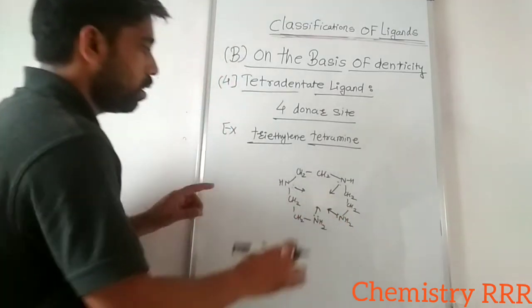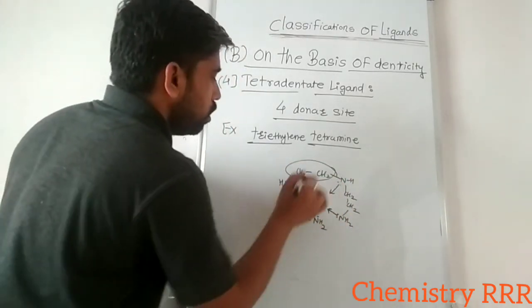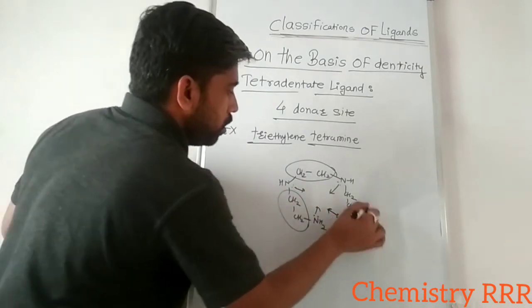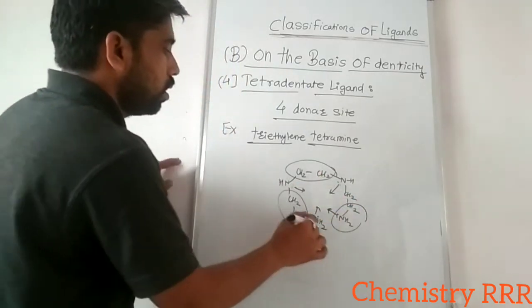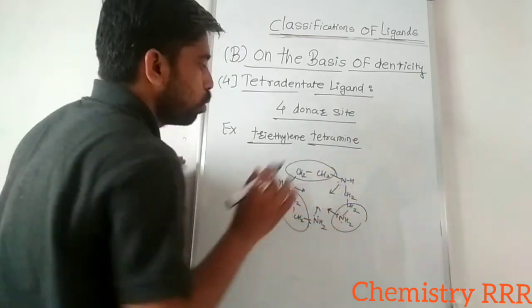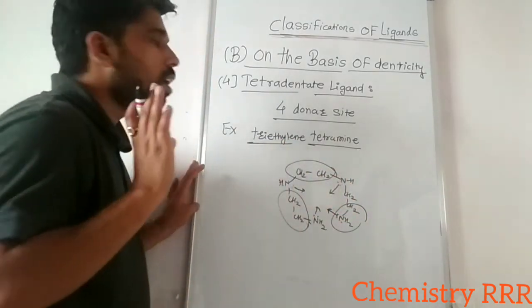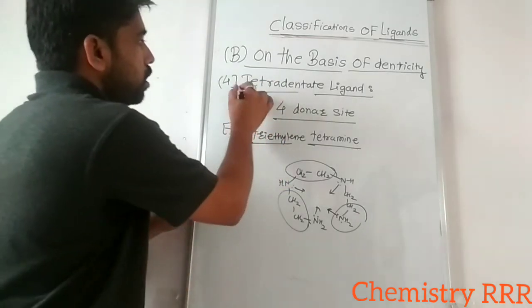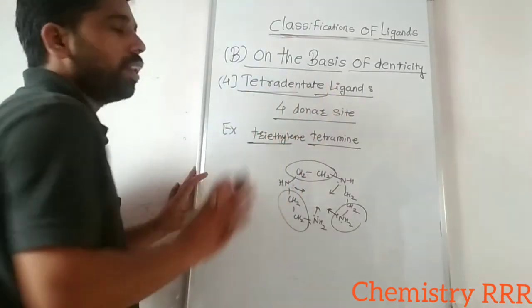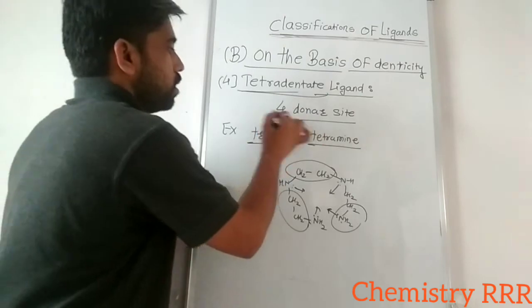This is triethylene, 1, 2, 3, and this is triethylene tetraamine, 1, 2, 3, 4. So this is the structure of triethylene tetraamine, an example of a tetradentate ligand having 4 donor sites.